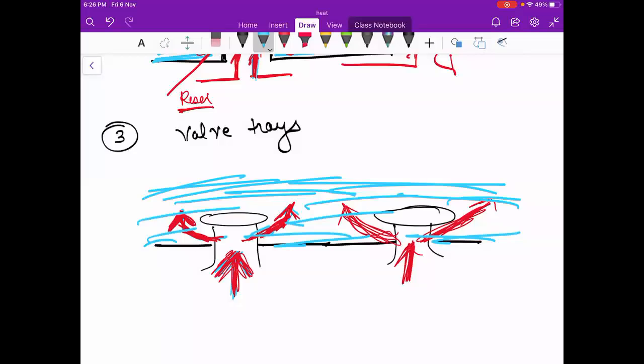Okay. So valve tray, you can write, in the valve tray, the hole is covered by liftable caps.